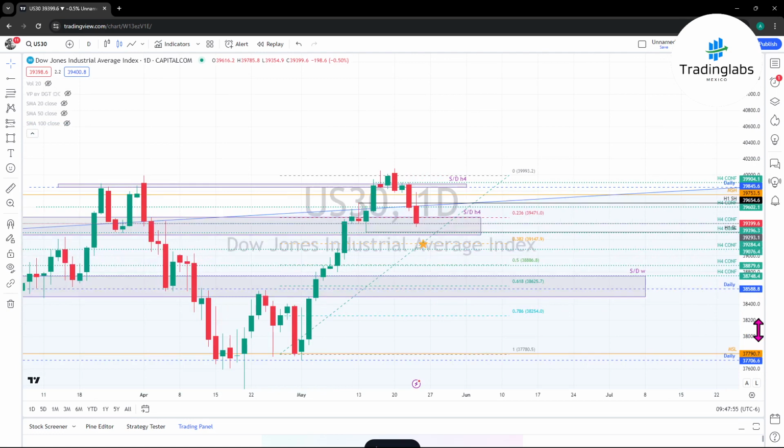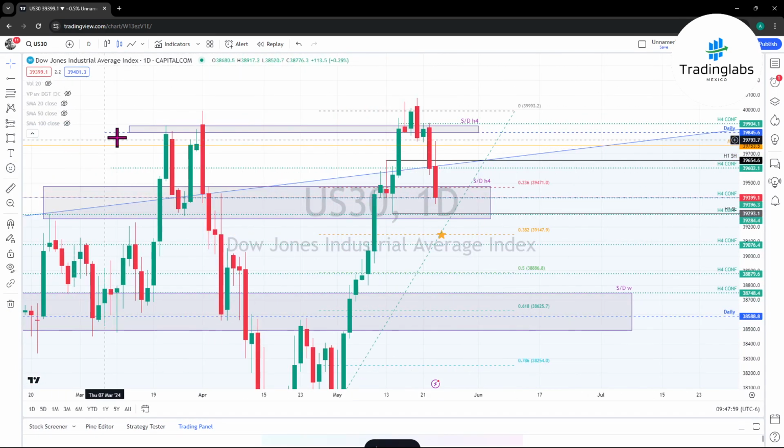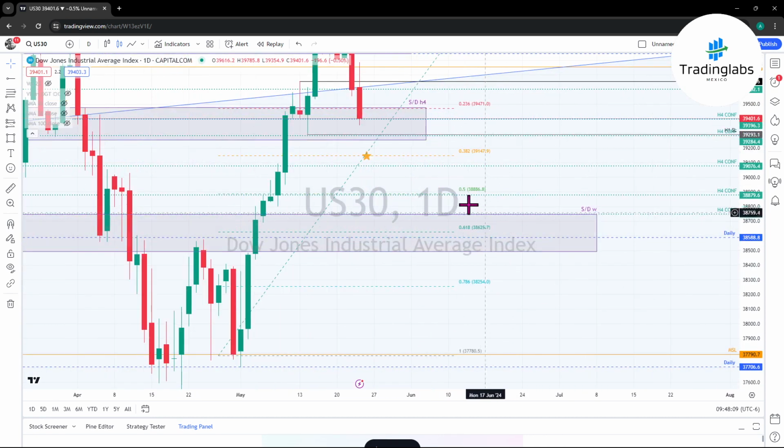It's very tricky right now. It made a new high, but it's not very strong. Maybe it wants to find liquidity right over here, and the retracement of the 0.5. Here we have the H4 support, but it's very close to this demand zone.